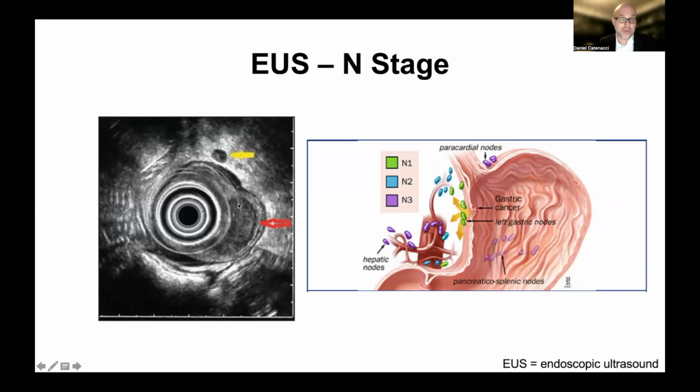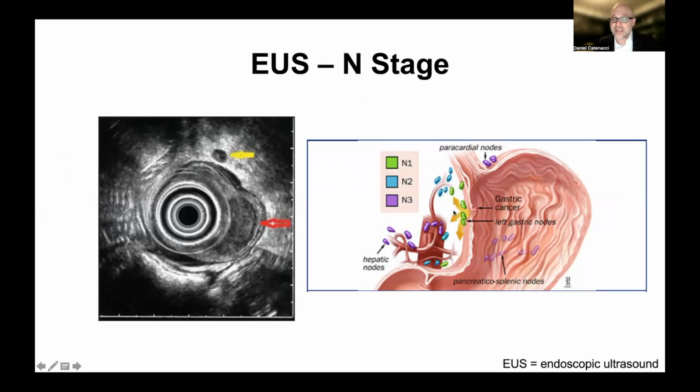And this is an example of an image, again, the scope within the esophagus and all of the rings of the layers of the esophagus tissue, and then an abnormal lymph node nearby, a regional lymph node that looks abnormal. And so the endoscopic ultrasound can give us a clinical T and N stage.